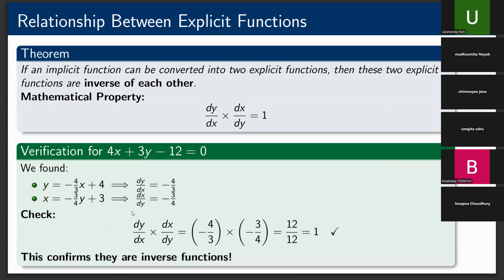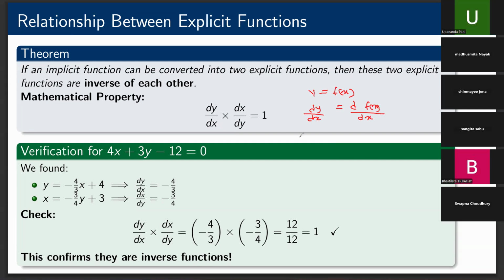This is an important theorem that we use when we have to find a derivative. The theorem says that, suppose given the function, we have y as a function of x. So we can easily find dy upon dx simply by putting the value of x in place of y.